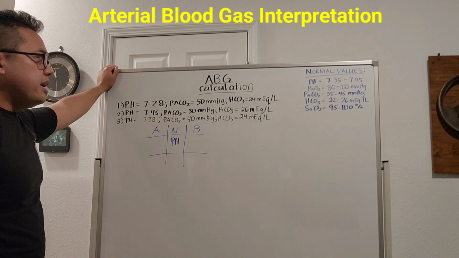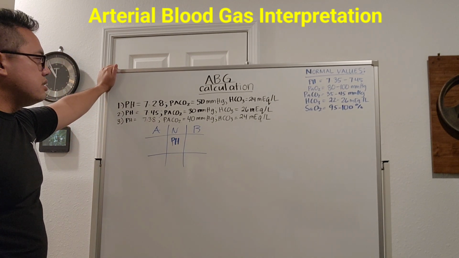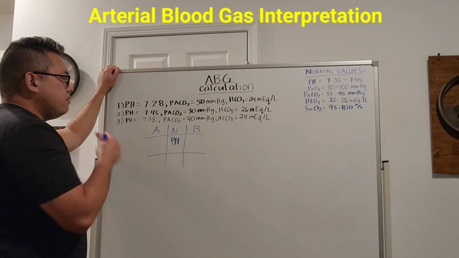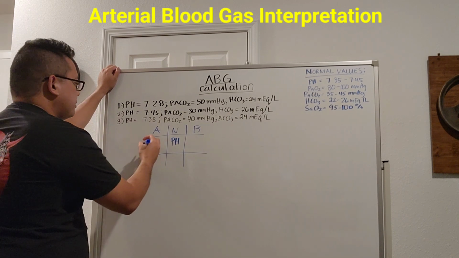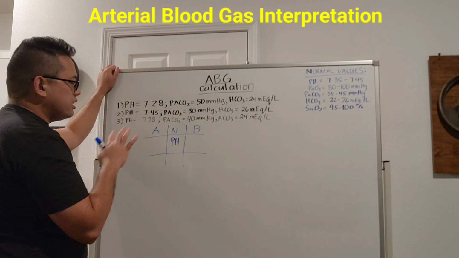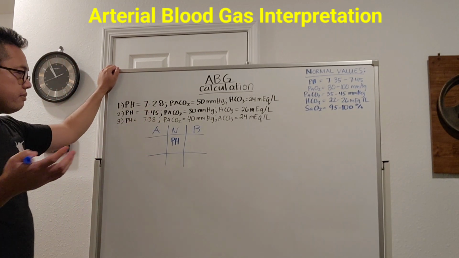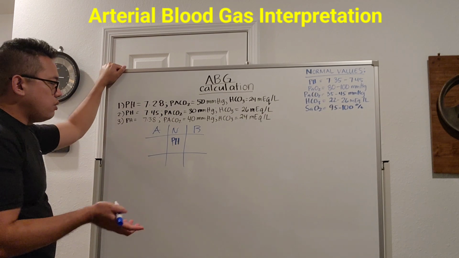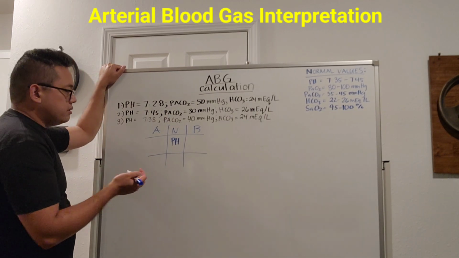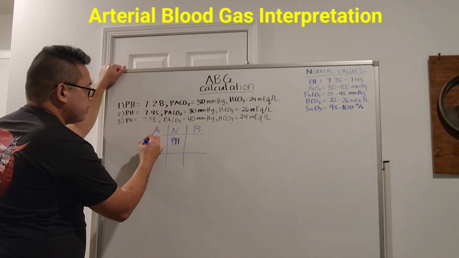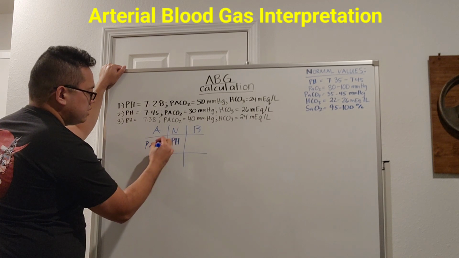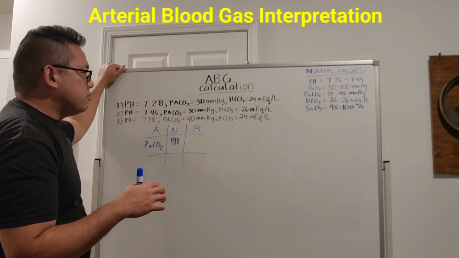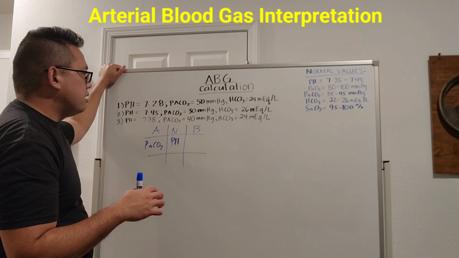And then PaCO2 is 50. So it's above, and it's going to be acidic, because again, pH and PaCO2 are inversely related. So one goes down, one goes up, and so on. We're going to put PaCO2 as acidic because it's 50. And then last will be our HCO3.